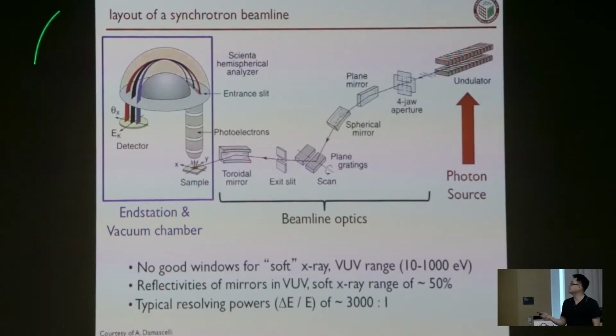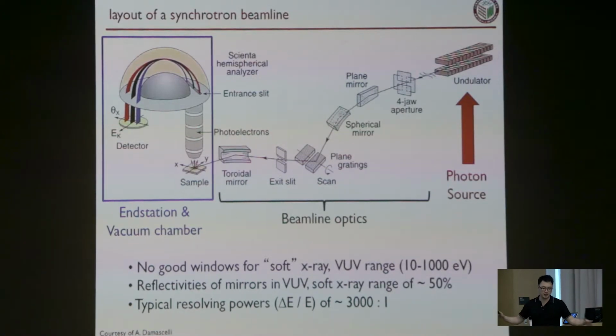This is a schematic of how these experiments work at a synchrotron. You have your synchrotron here. The electrons pass through what are called insertion devices. Here's an undulator, which squeezes all the power into a fairly narrow spectral range by wiggling the electrons back and forth.